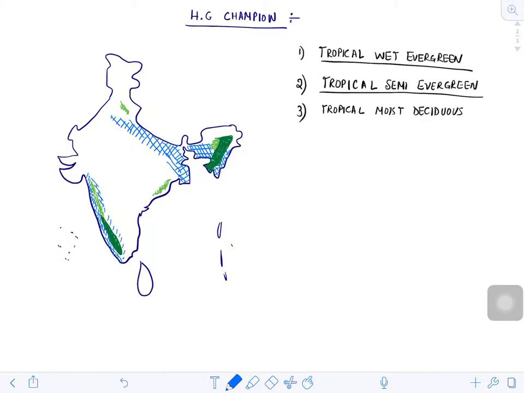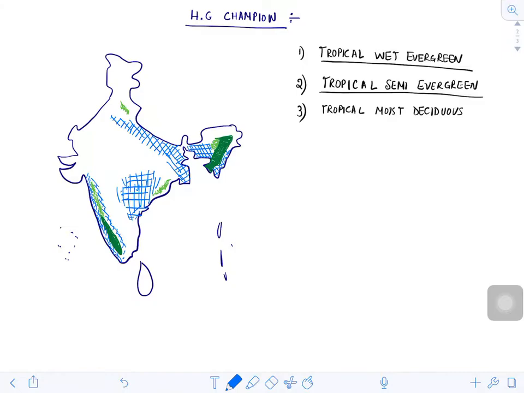Moreover, the area in Andhra Pradesh, Telangana, and part of Madhya Pradesh also forms tropical moist deciduous.